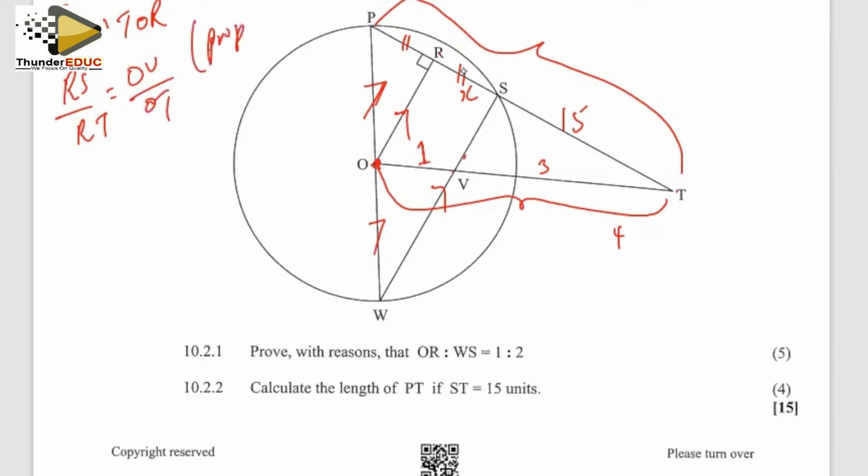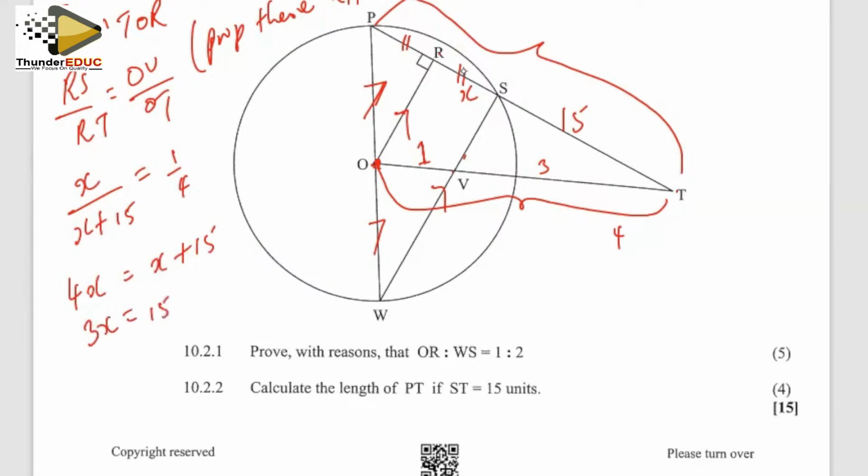The reason is going to be the proportionality theorem because OR is parallel to WS. Let's do the substitution. So x over x plus 15 should give us the ratio of OV to OT, which is 1 over 4. Cross multiply. 4x is going to be x plus 15. Move the x that side. 3x is 15, which means x is 5.